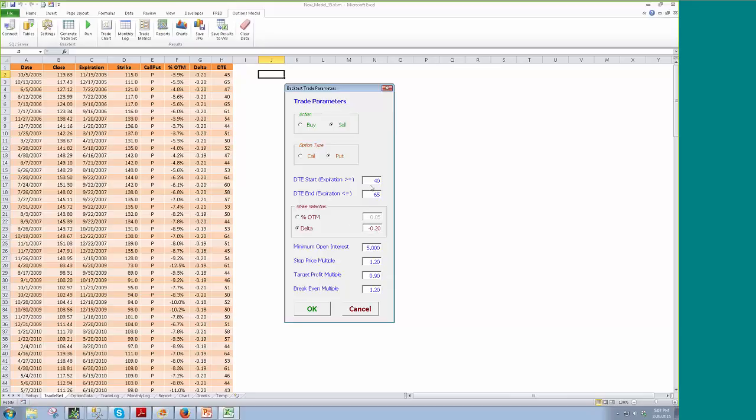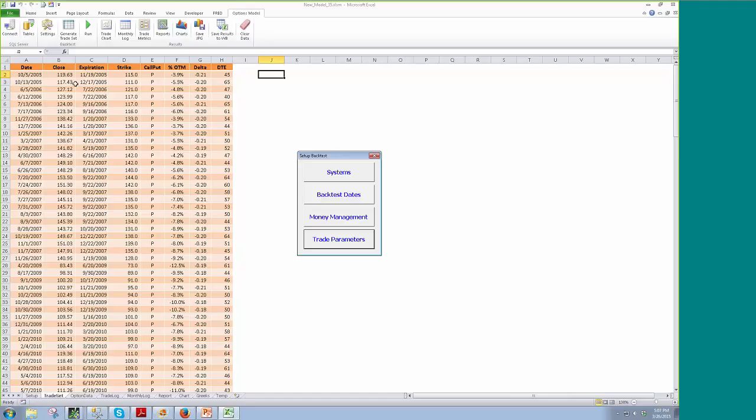That's 40 to 65 days to expiration, a delta of 20, and a minimum open interest of 5,000. So I let the program tell me what fits that profile, and then it generates what I call a trade list, a list of potential trades, and it'll select the strike and the expiration. That's really the main thing that drives the back testing.